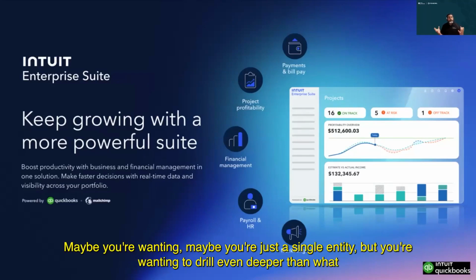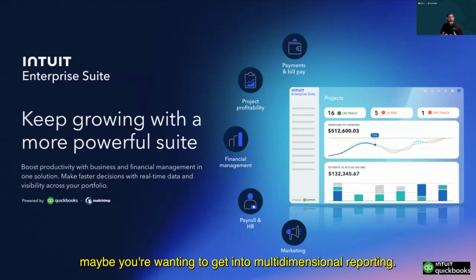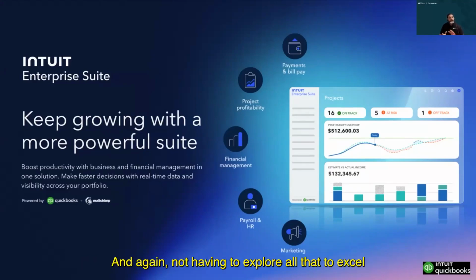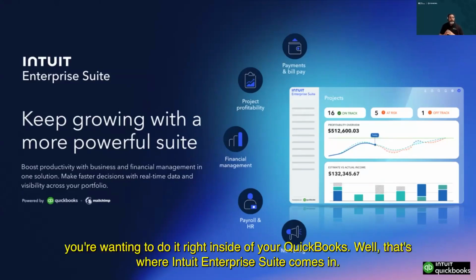Maybe you're just a single entity, but you're wanting to drill even deeper than our standard classes and subclasses. Maybe you're wanting to get into multi-dimensional reporting, and again, not having to export all that to Excel or other reporting tools. You're wanting to do it right inside of your QuickBooks. Well, that's where Intuit Enterprise Suite comes in.